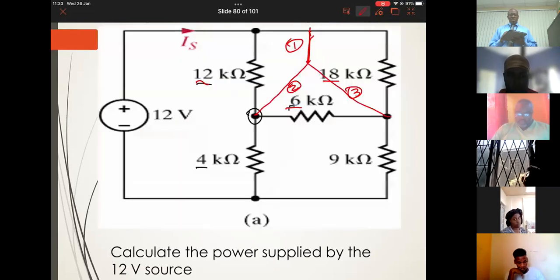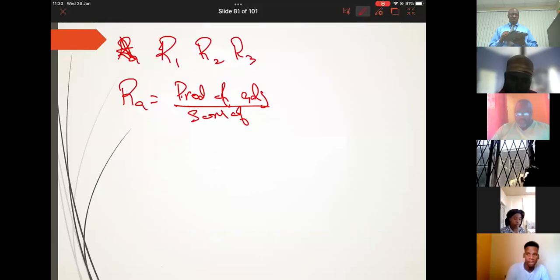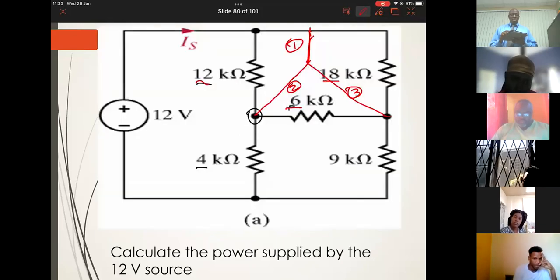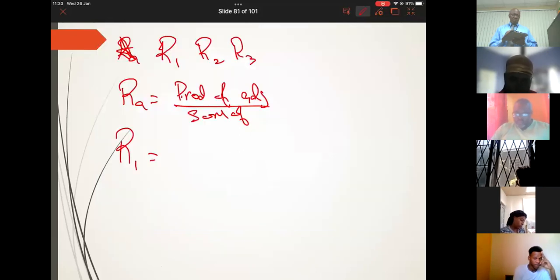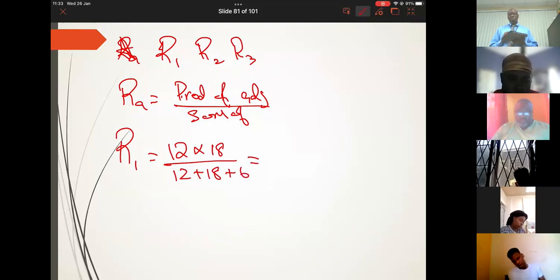So with the circuit, we're going to find resistor 1. For resistor 1, all right, we'd have 12 times 18 over 12 plus 18 plus 6.